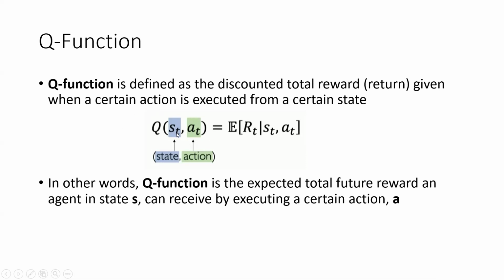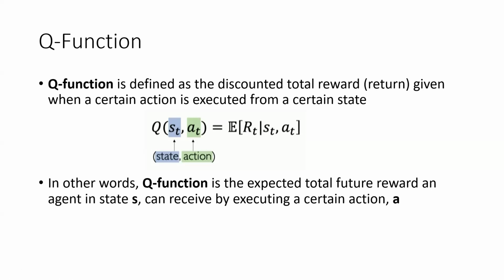In reinforcement learning, this Q function is defined as follows: when this agent is in a certain state in the environment, if he is in the state st and takes the action at, what is the expected return given the state and the action?